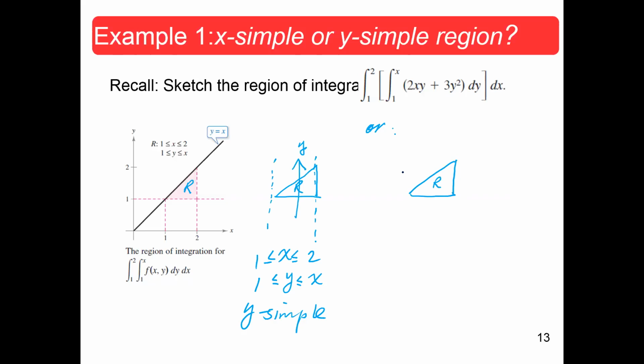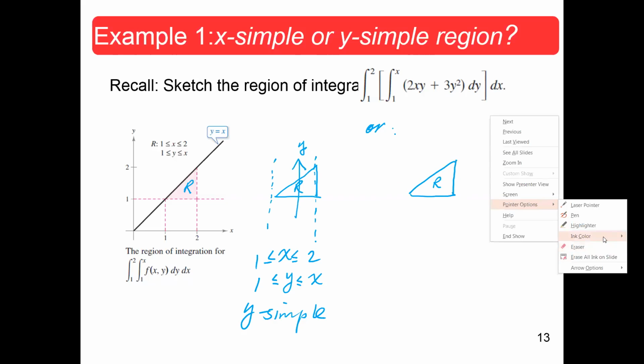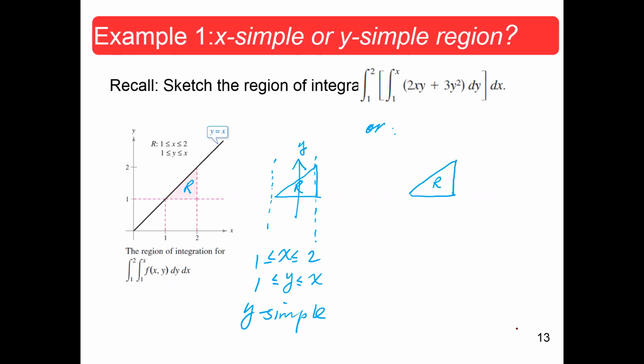All right, if I do x simple, let me change to another color so we can see it easier. I can draw a horizontal arrow for x, right? And then the y would have an upper bound and a lower bound.